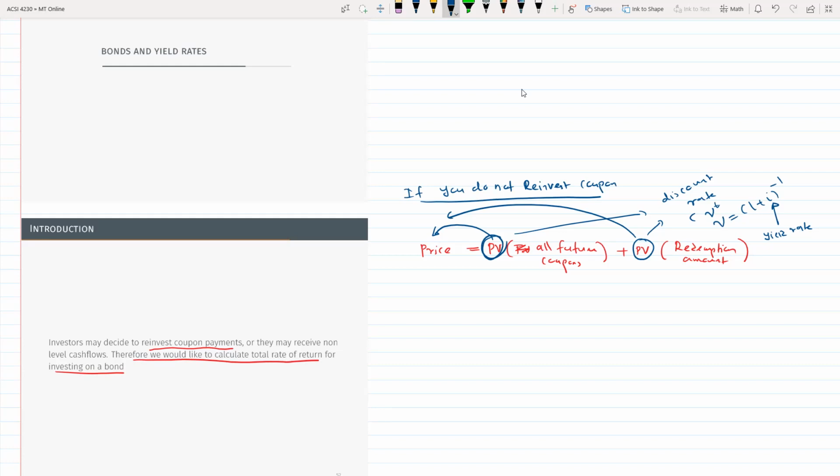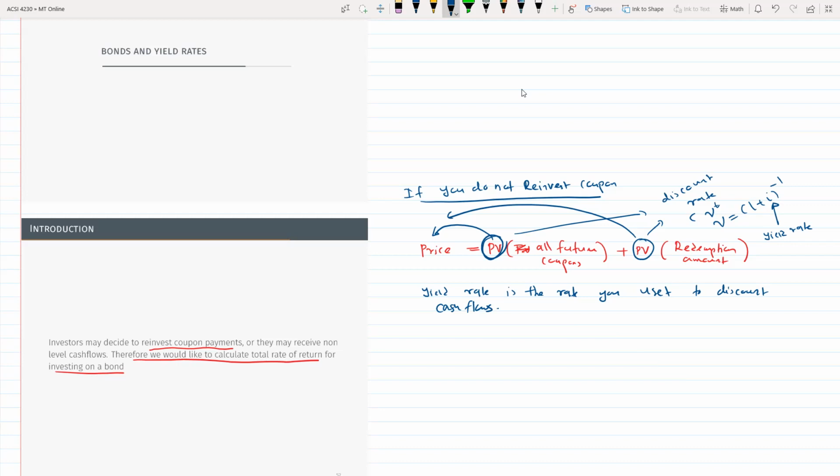In this case, your yield rate becomes the rate you use to discount cash flows.